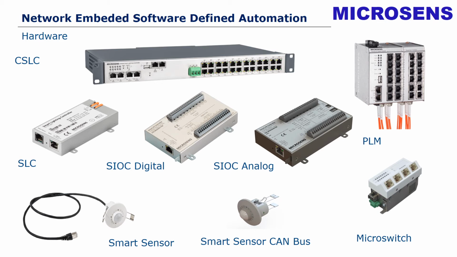And on the right side we have the PLM and the micro switch. These are standard switches. The PLM on top is the industrial switch, and the micro switch we use for our room applications as a platform for the application.